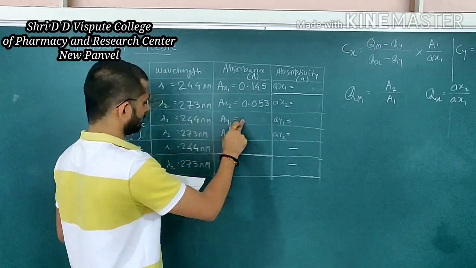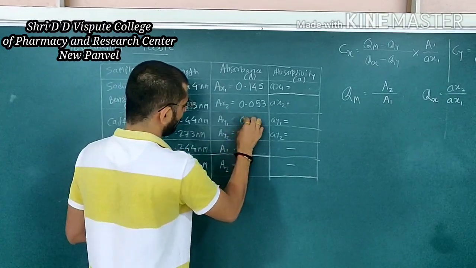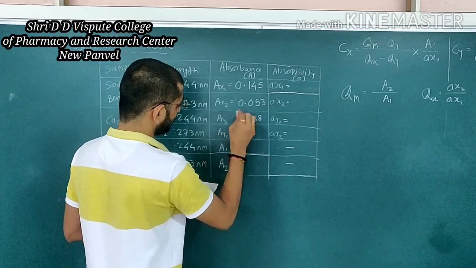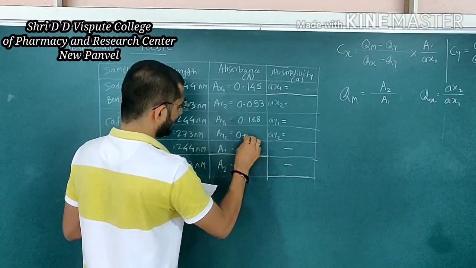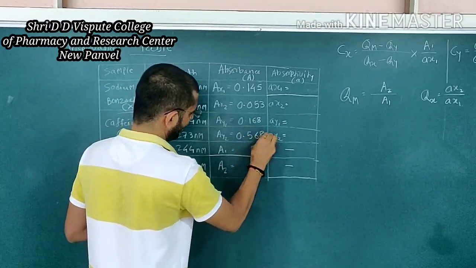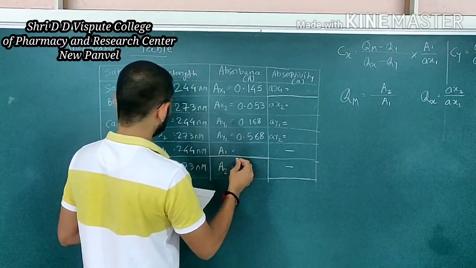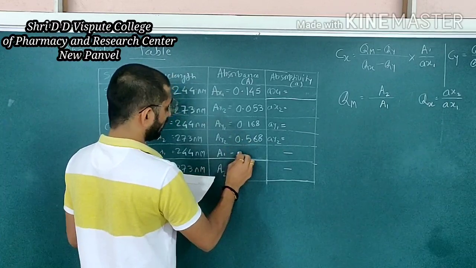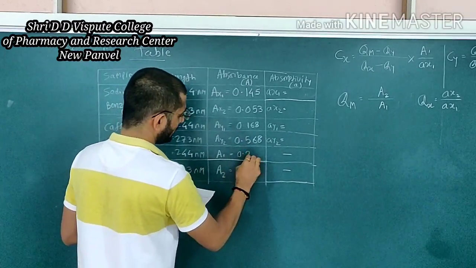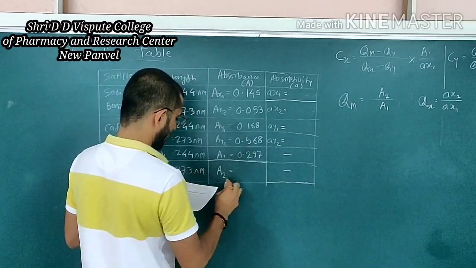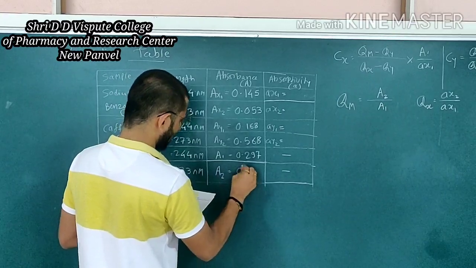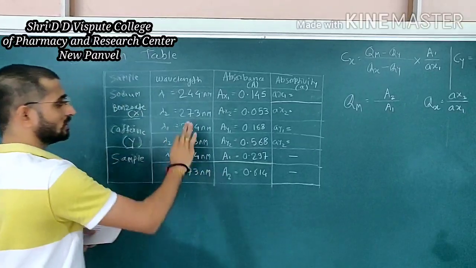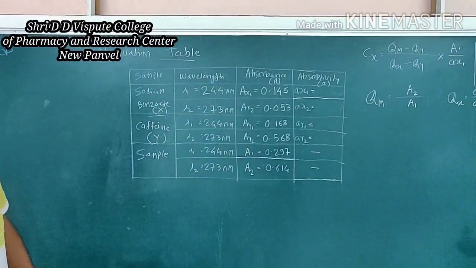Caffeine at 244 shows 0.168, and at 273 it is 0.568. The sample at 244 nanometer shows 0.297, and at 273 it shows 0.614. So these are the absorbances of the solutions.